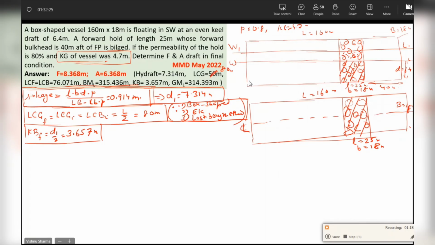So guys, BMT will be equal to ICL of the intact water plane upon volume of displacement. Do you understand this? We have done this in yesterday's question. So can you please find BMT and give me the answer?